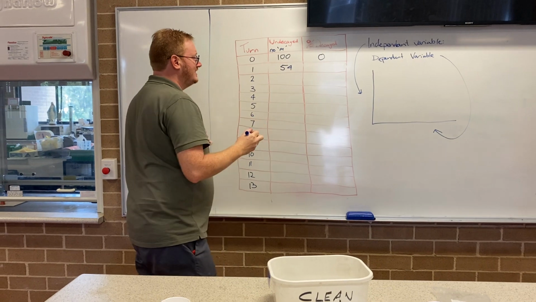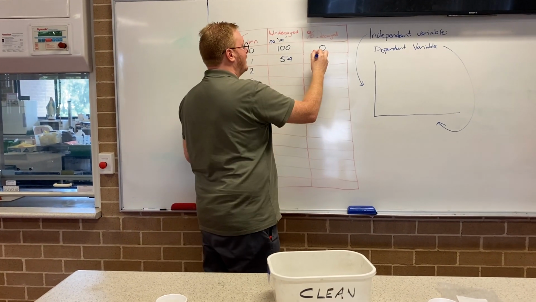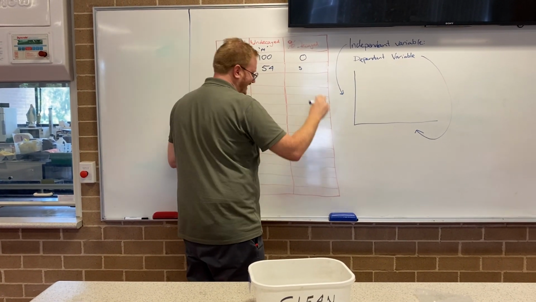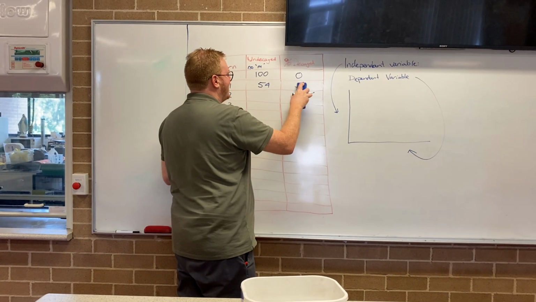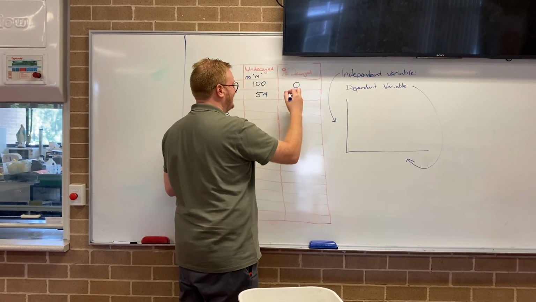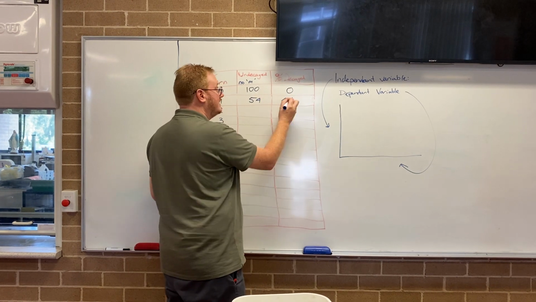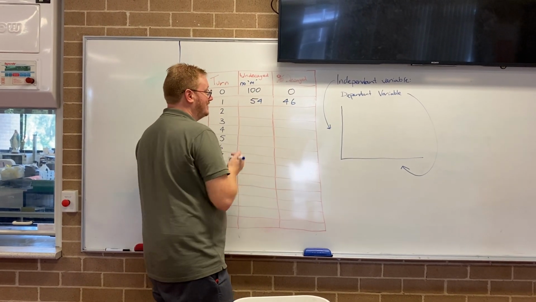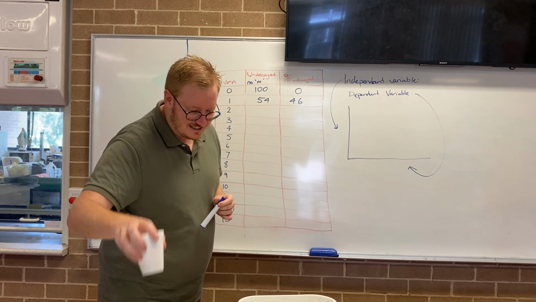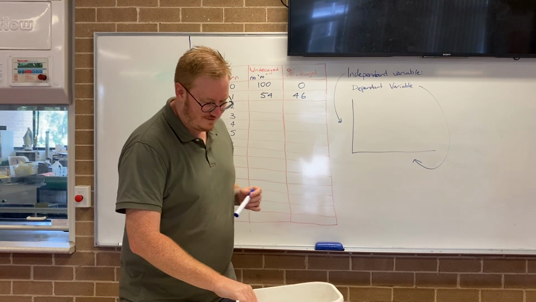So what percentage did decay on the first one? It must be 46 that decayed. They must add up to 100. We started with 100, so 46 decayed and we've got 54 left over.